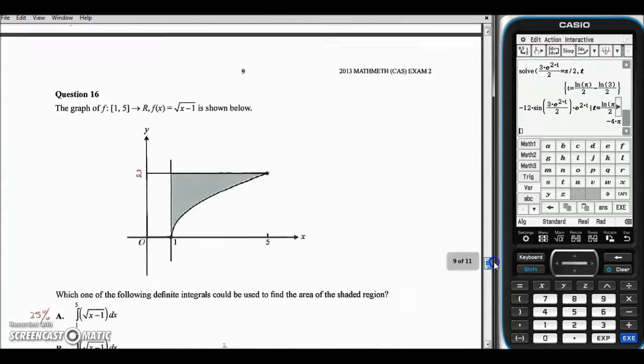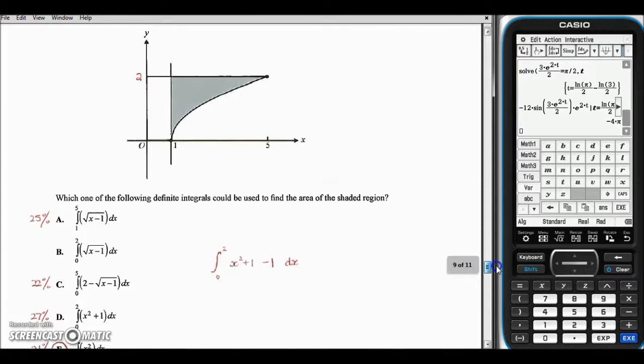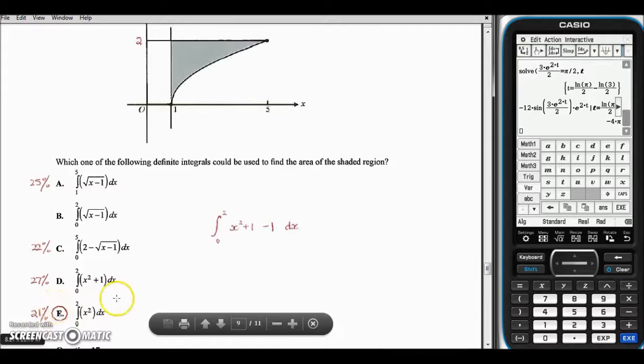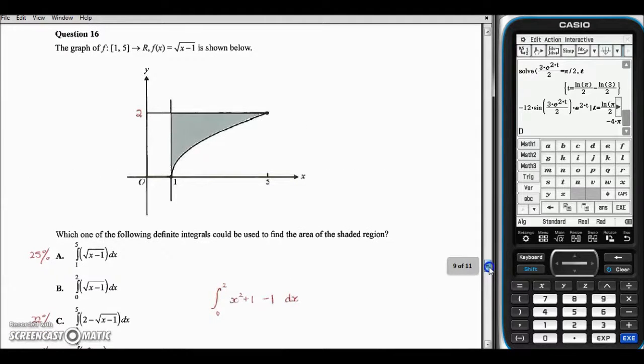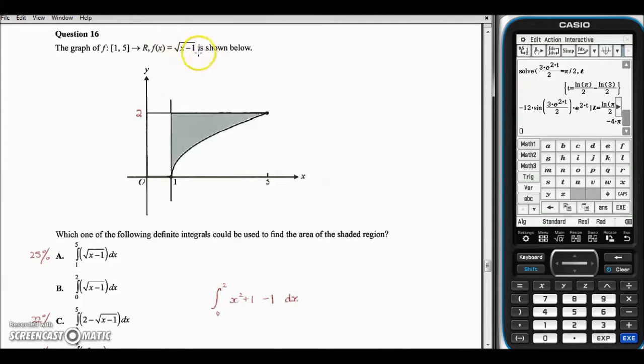But it's not. So question 16, again, a bit of a trick question here. The fourth most popular response was the correct one, which is very unusual. So we've got a graph from 1 to 5, the square root of x minus 1. Here it is here. What's the area of the shaded region? I'm going to show you two different ways to do this one.